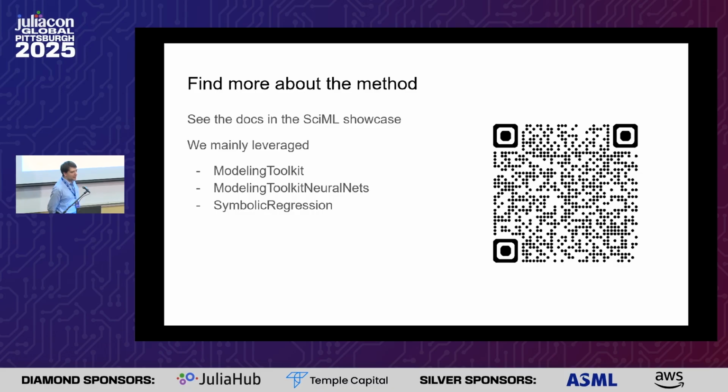And the main things that were used here were, of course, ModelingToolkit, neural nets, which had a talk earlier, and also the SymbolicRegression.jl package, which is a very nice ecosystem on its own. And the idea would be how to best combine all of these technologies across the Julia ecosystem to deliver more interesting ways to discover missing physics and do optimal experimental design in the context of universal differential equations.